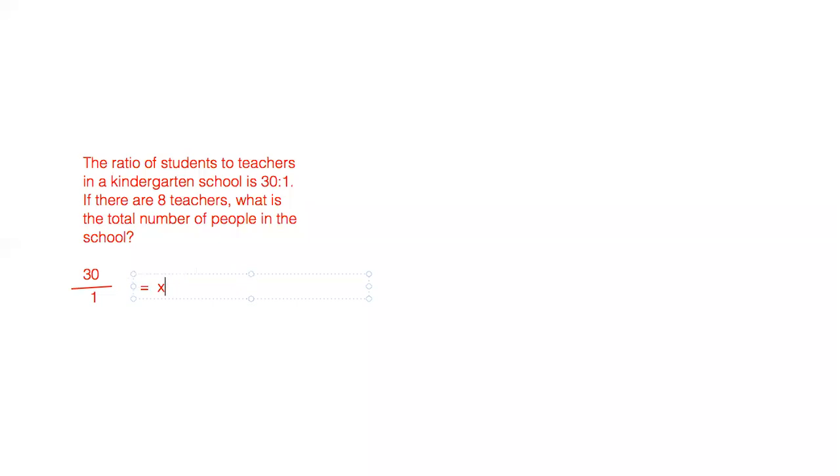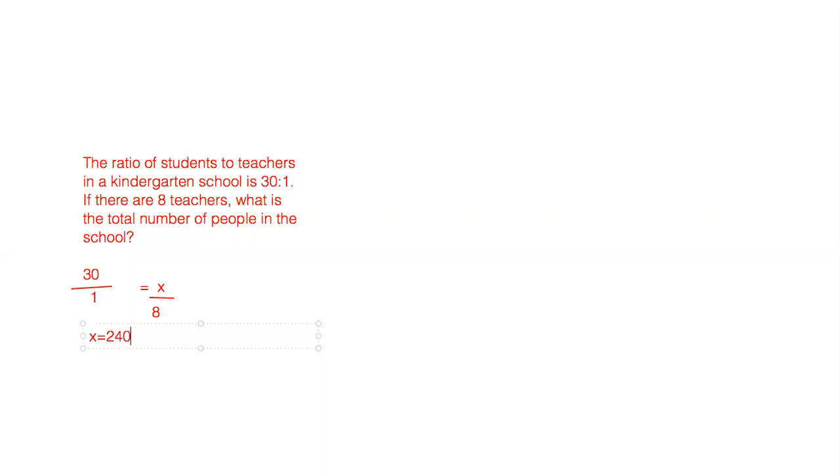Okay, we'll write this the same way we wrote the other one. So we want to cross multiply first. So 30 times 8 and 1 times x. We know that 1 times x is just going to be x. And 30 times 8 is going to give us 240.